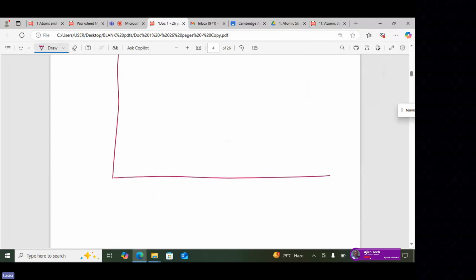Look at it, please. This is lithium, beryllium, boron, carbon, nitrogen, oxygen, fluorine, neon. This is the first IE.